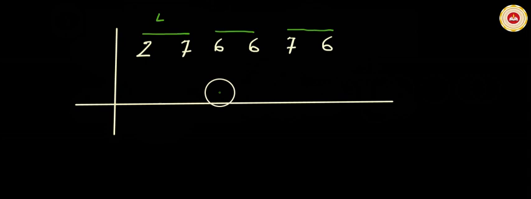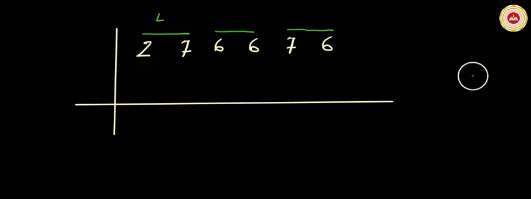So you are going to find such a number whose square is less than 27 but nearest to 27. I'll repeat, you are going to find such a number whose square is nearest to 27 but less than 27. Which is that number?